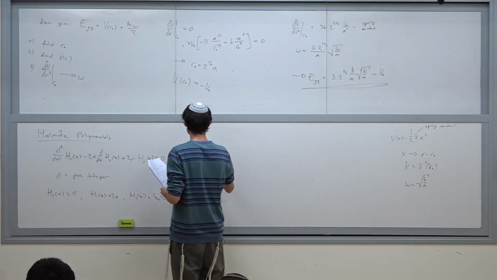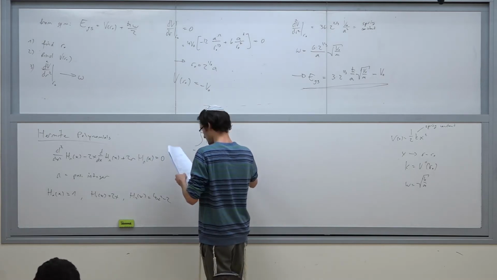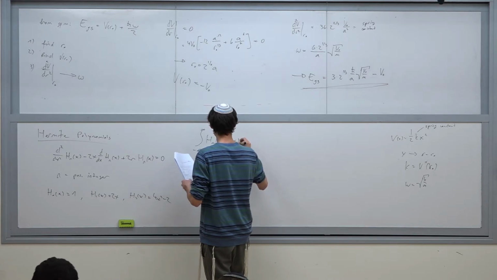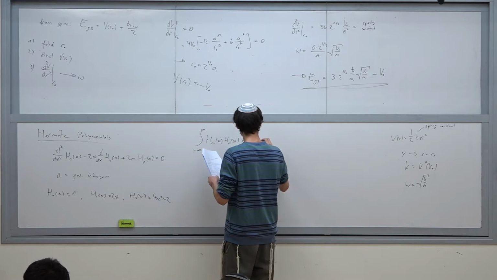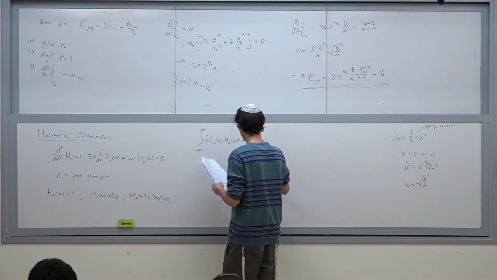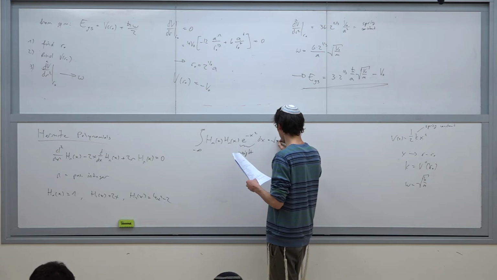But in order to satisfy orthogonality, we need to use something called a weight function. I think it's called weight function. This is almost delta n m.